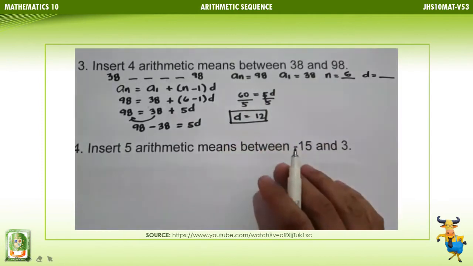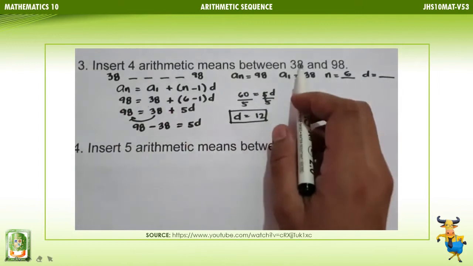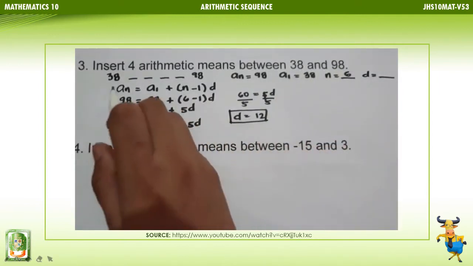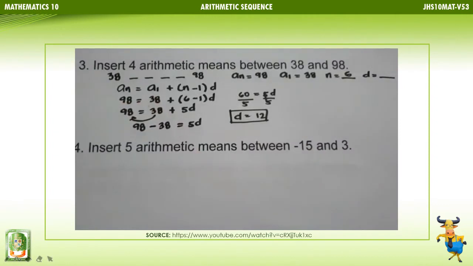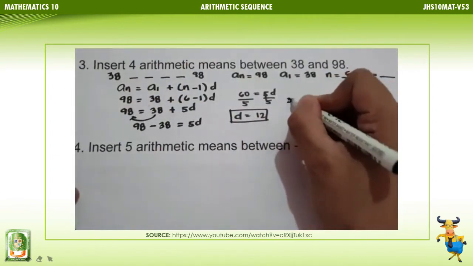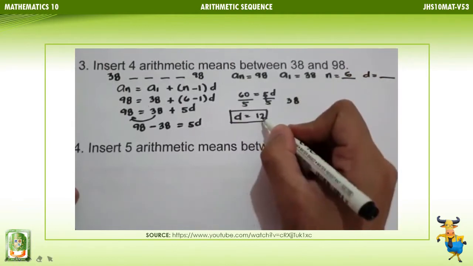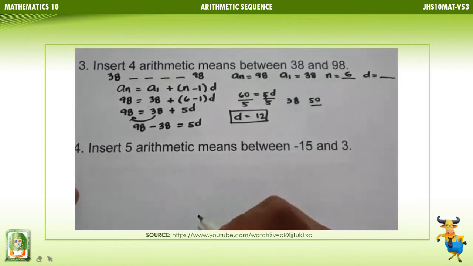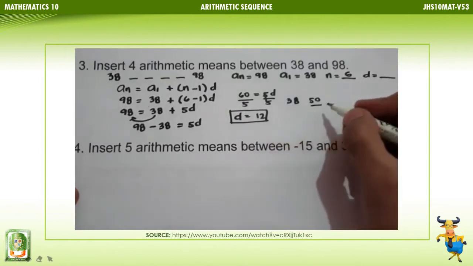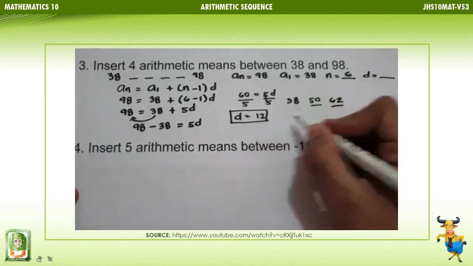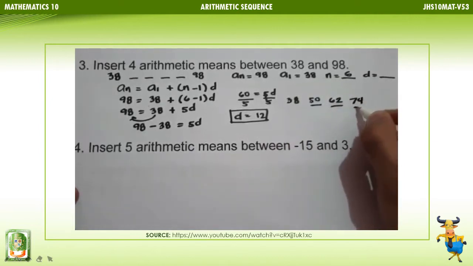Now, to find the 4 arithmetic means between 38 and 98, we are going to add the common difference to the first term. So that is 38 plus 12, that is 50. And then 50 plus 12, that is 62. 62 plus 12, that is 74.